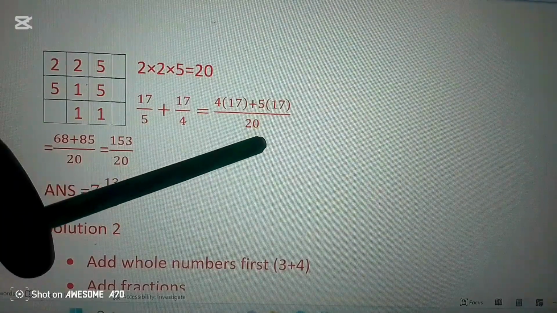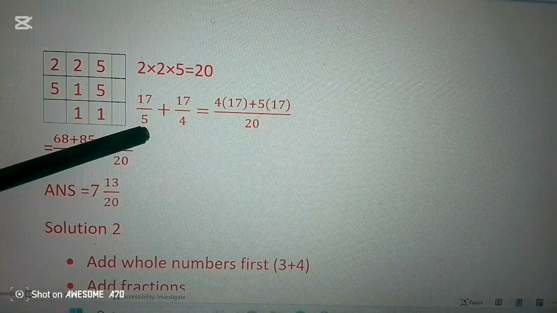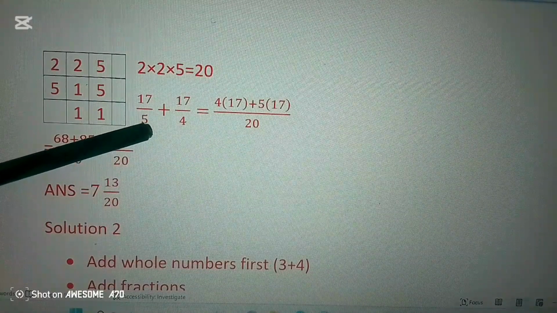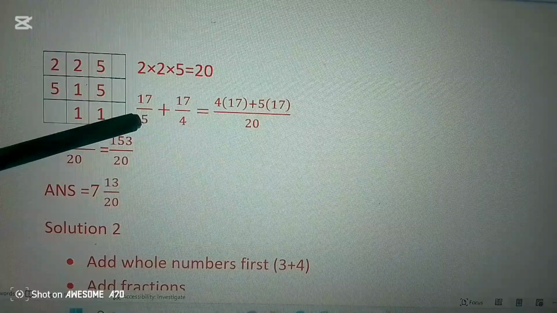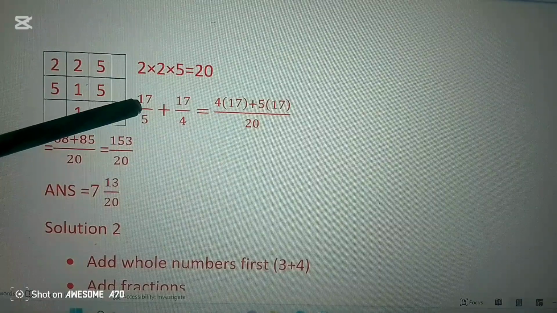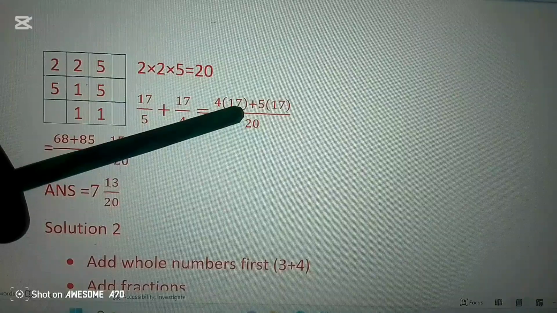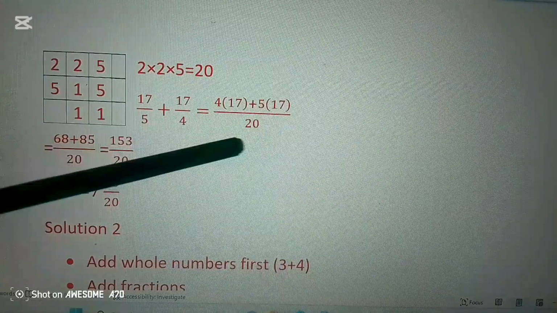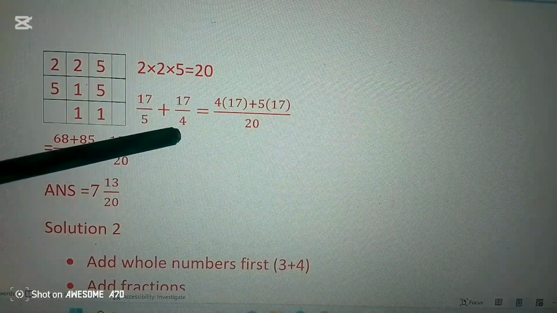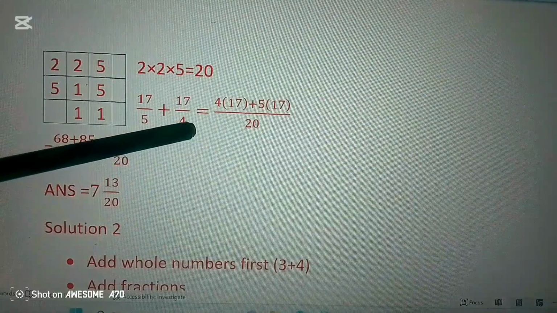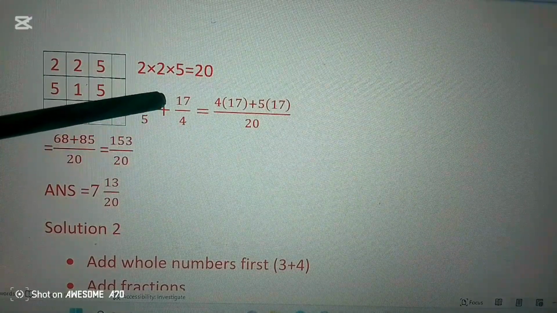20 divided by 5 is 4. Then 4 times 17, plus 20 divided by 4, which is 5, then 5 times 17.